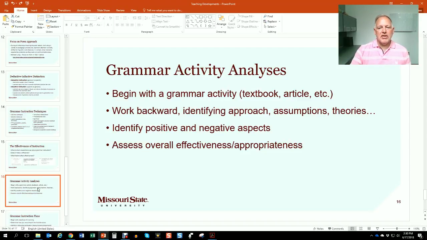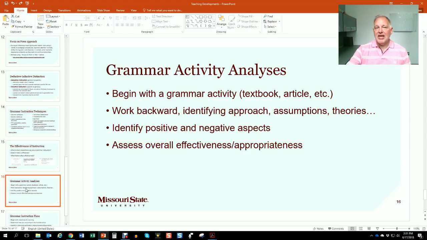It reflects the belief that an inductive approach is better than a deductive approach, or that learners need to acquire this structure implicitly. You're going to analyze the activity, identify positive and negative aspects, and assess its overall likely effectiveness or appropriateness.